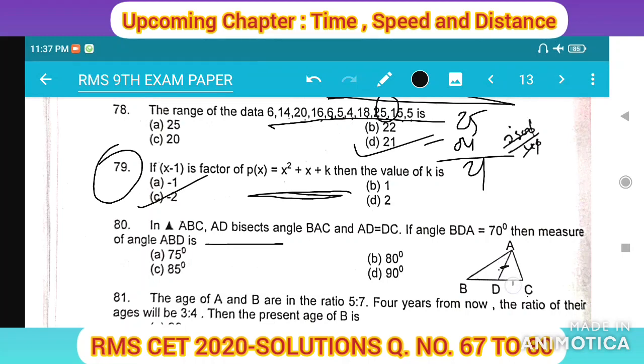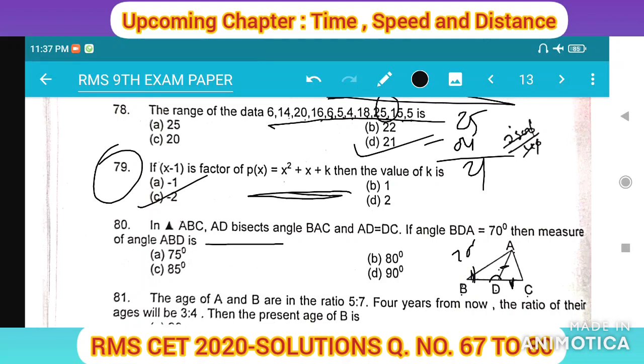This one is equal. If angle BDA is 70 degrees, then the measure of angle ABD, this angle, is what is being asked of us.